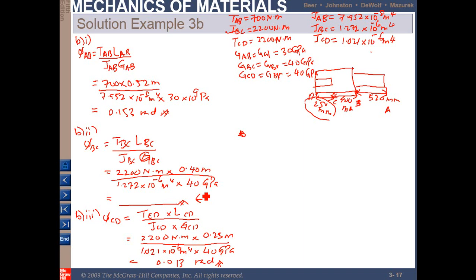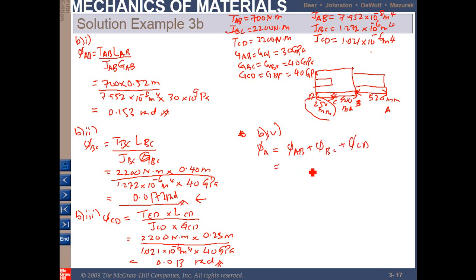So what is the value of phi BC? From my calculation, I got this value is 0.0172 radian. Okay, so question B4, the total angle of twist at point A is phi at AB plus phi at BC plus phi at CD.